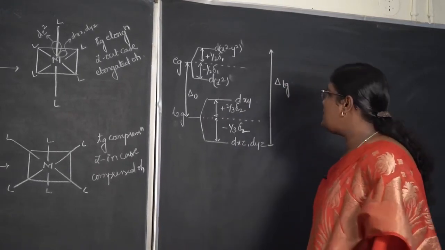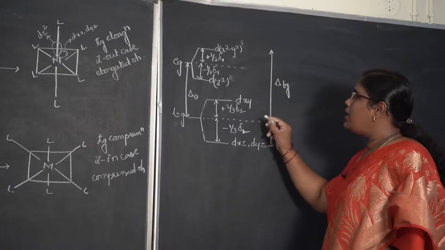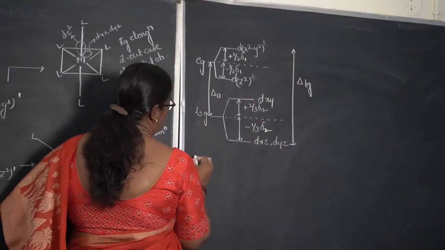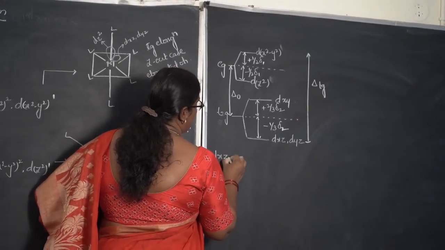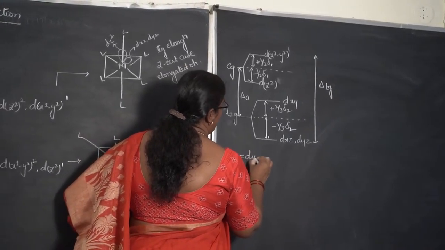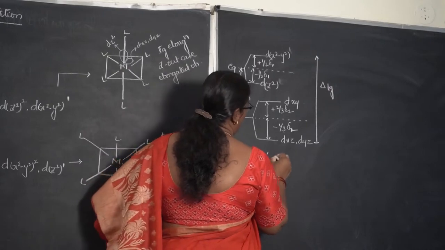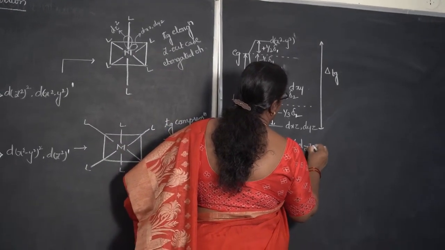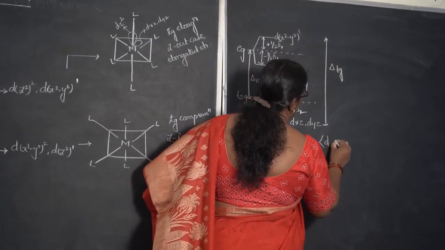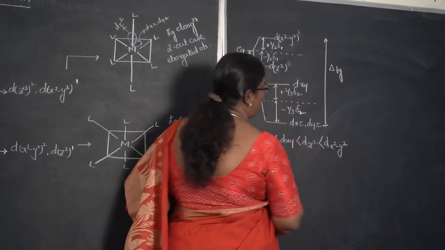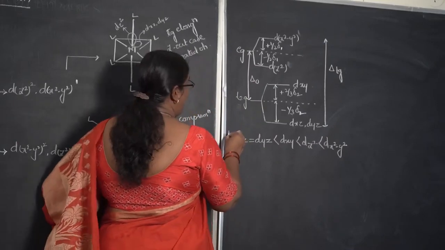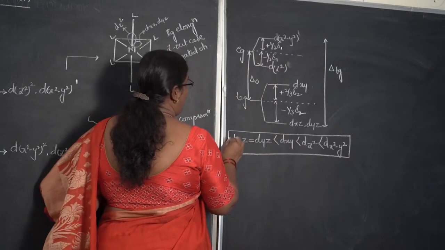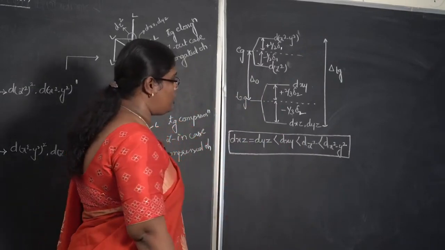And now what is the increasing order of energies of orbitals in tetragonal elongation? That is dxz, dyz, they are degenerate, less than dxy, less than dz square, less than dx square minus y square. So this is the increasing order of energies of orbitals in tetragonal elongation.